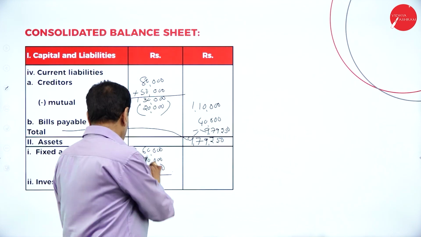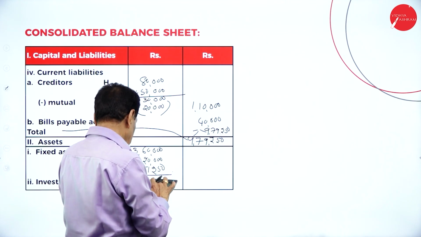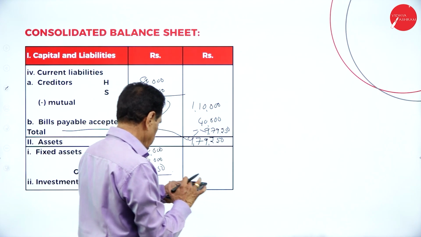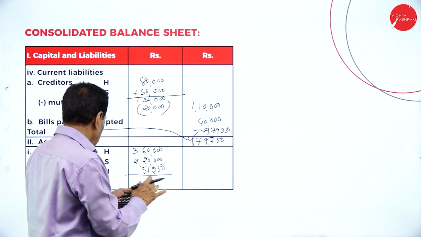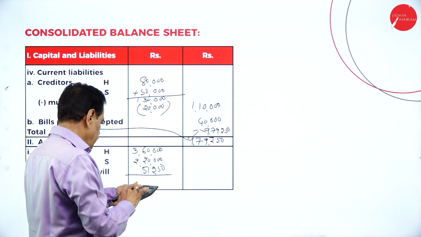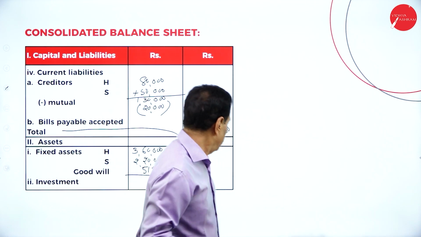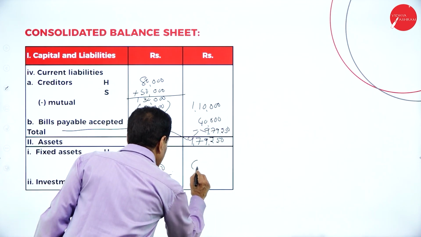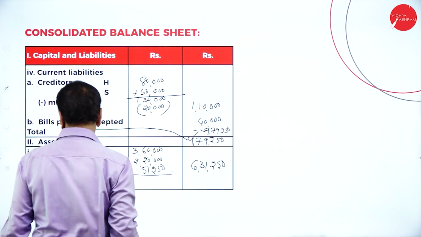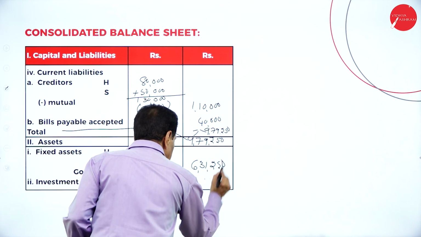So it comes to 5,80,000 plus 51,250, which is 6,31,250. Investment, there is no investment at all.